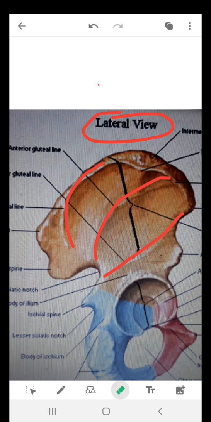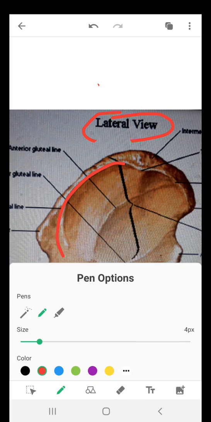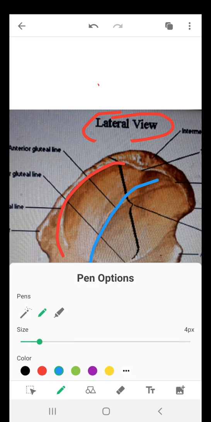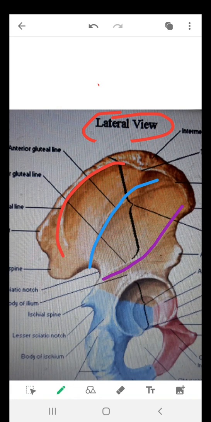Let's use a different color for each line. Let's call this the red line, this the blue line, and this the pink line. The red line here is going to be called the posterior gluteal line.